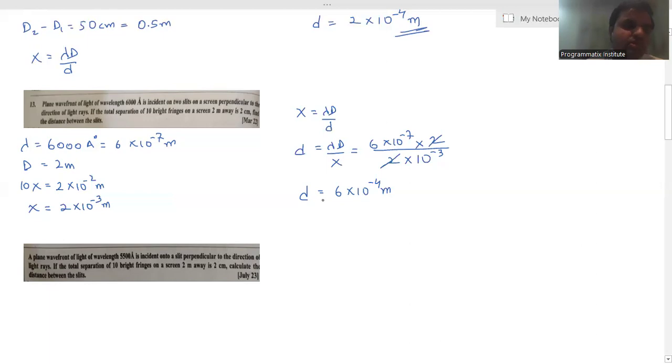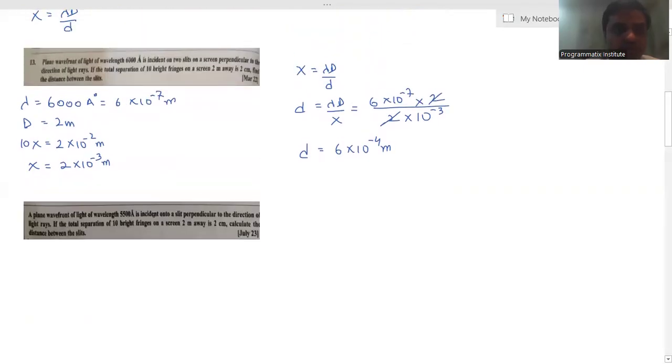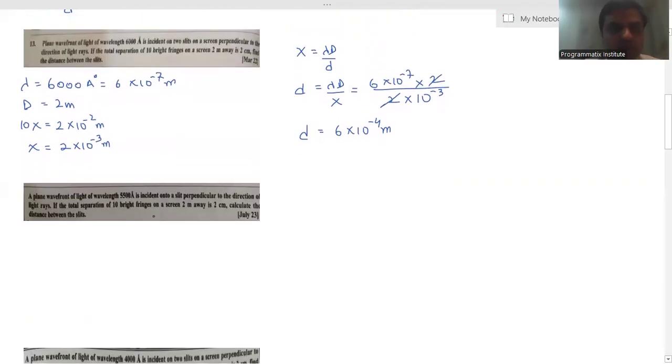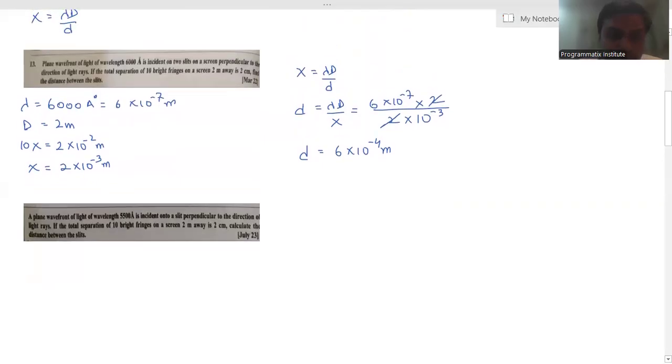Fine. So the next question is, a plane wavefront of light of wavelength 5500 angstrom is incident on a slit perpendicular to the direction of light rays. If the total separation... see, again the same type of numerical you are getting over here. I guess I've repeated these two questions. No, okay. So again, I got confused.